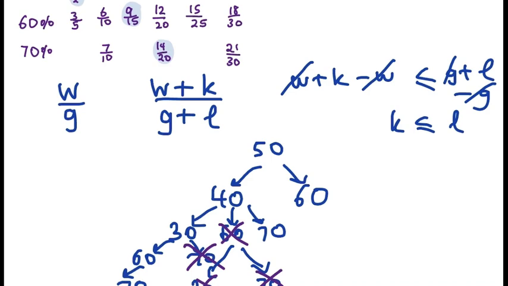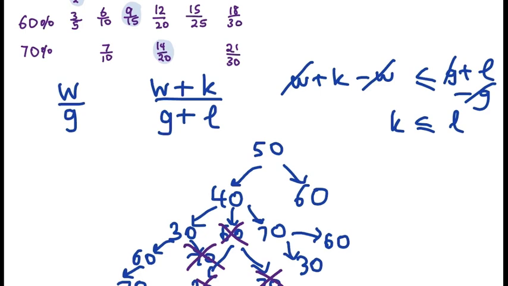From 70, where could we go? Well, we either have 30 or 60 to choose from. Can we go from 7/10 to 6/20? No, you've got the same issue as we had before.